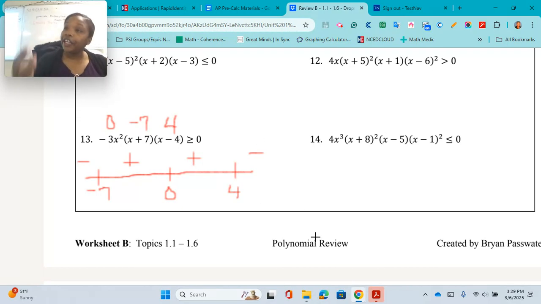The inequality is asking for values that are greater than or equal to 0, so we are including zeros. We're talking about brackets, starting at negative 7 to 4.